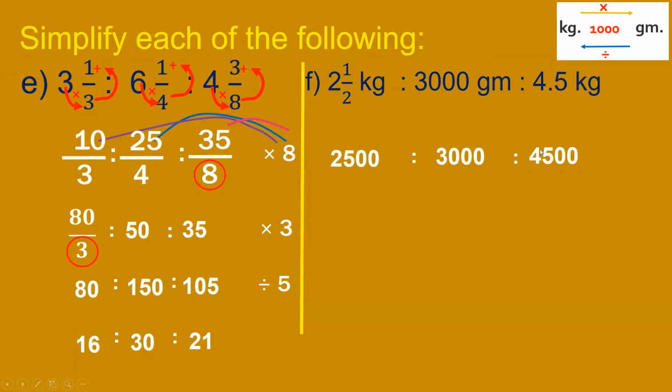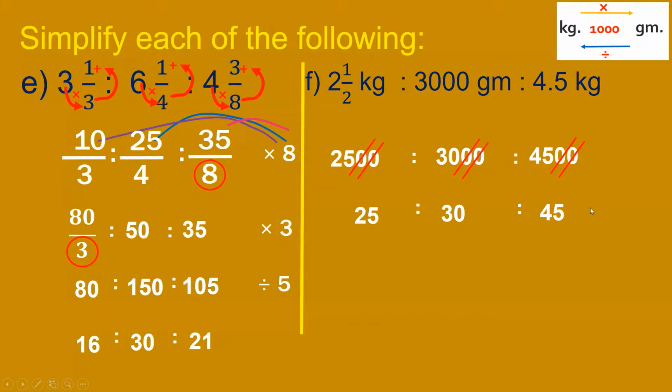Now we have whole numbers: 2500, 3000, and 4500. Let's cross out 2 zeros from each term. Now we have 25 to 30 to 45.